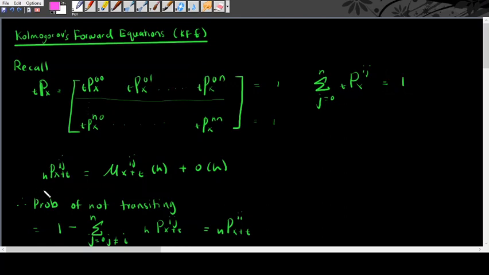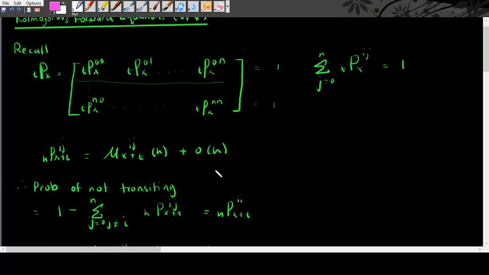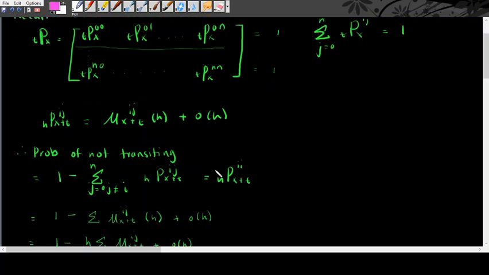And from the previous video also, we know that hPx+t,ij will be equal to mu x+t,ij times h plus o(h). So from here, if we want to find the probability of not transiting, it would use the fact that the total of all of this probability equals 1.